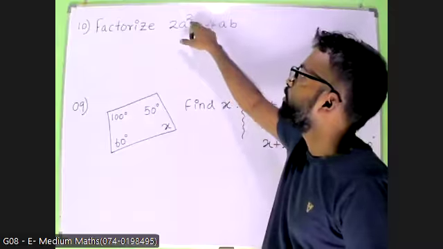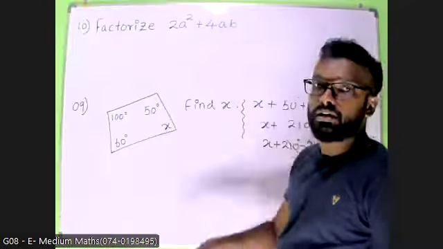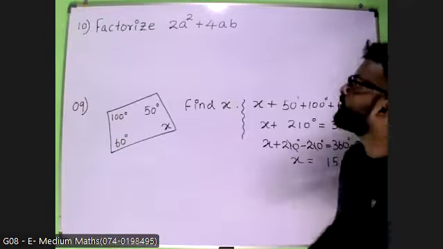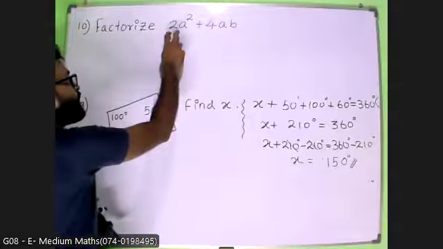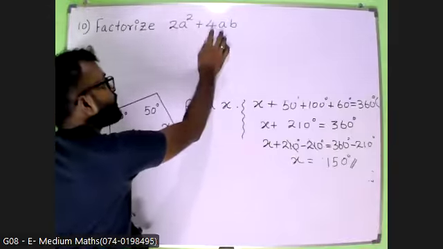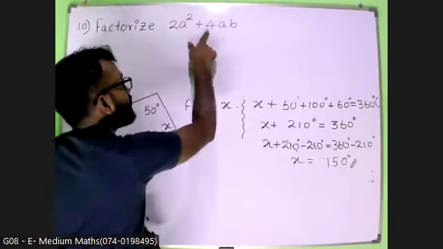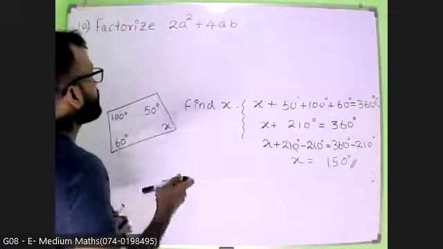And here also you have a. So you can easily write down the factors of these. For this one, the common factor is 2a. And for this one as well, the common factor is 2a because 1a is here and 4 is a multiple of 2. Okay, let's take it out.